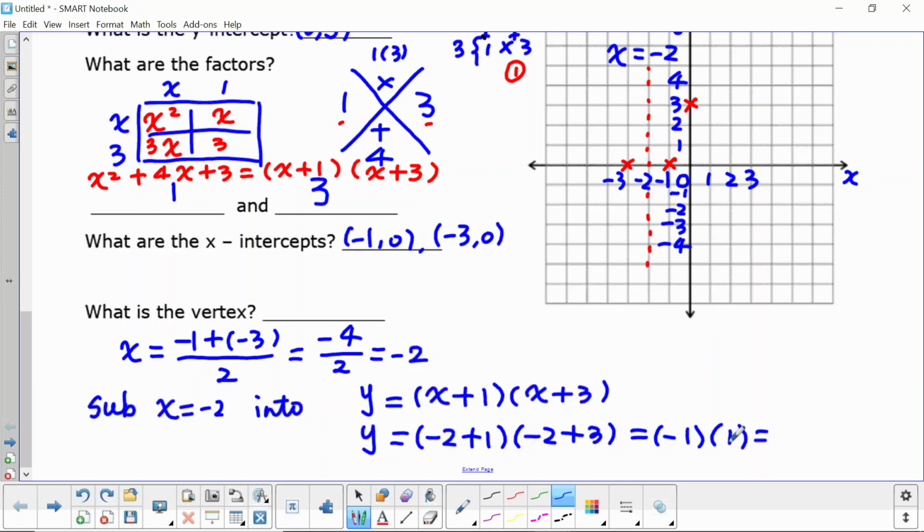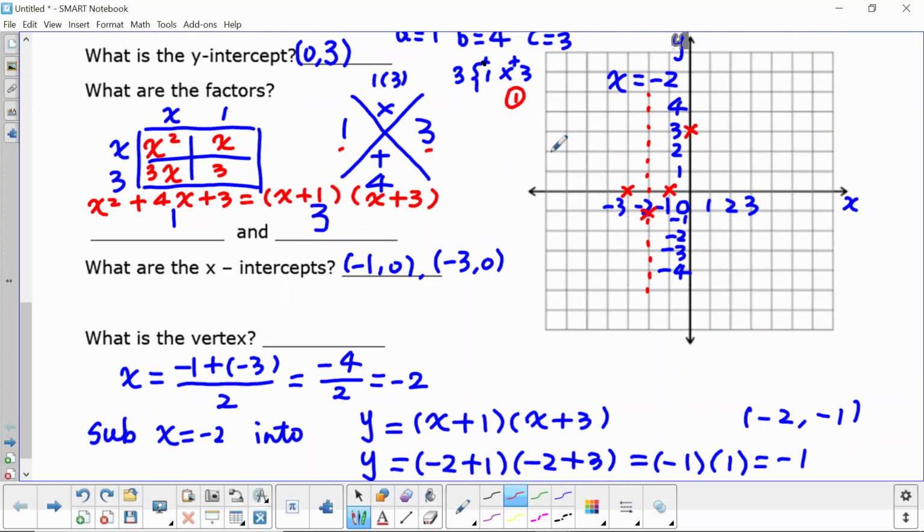Then you times it. -1 times 1 gives you -1. So you have the vertex at -2, comma, -1. So -2, comma, -1 is here.